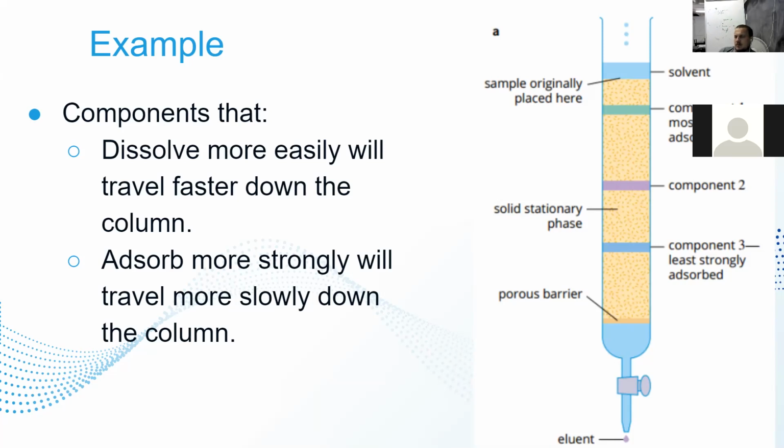So, what's going to happen is that the components are going to come through and separate based on how absorbed they are or dissolved they are. This isn't great because all it does is separate. Then usually you have to wash the column out to get the components to come out.